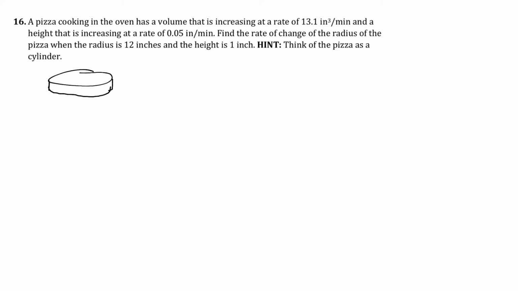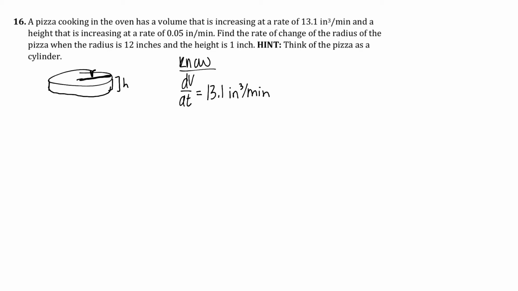So things that we're interested in are the height of the pizza, which I could label h. Maybe I'll draw that a little better. It's the h. And then also the radius of the pizza, which I'm going to label r. What we know is that the volume is increasing, so dV/dt, because it's increasing, it'll be positive, and that's happening at 13.1 inches cubed per minute.